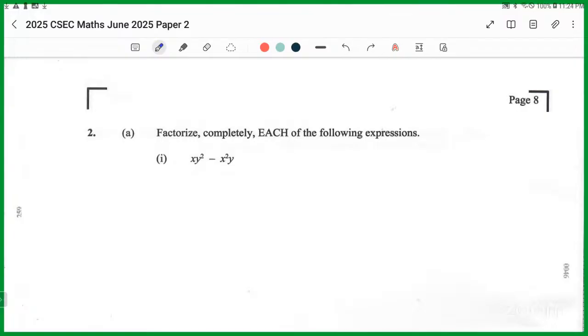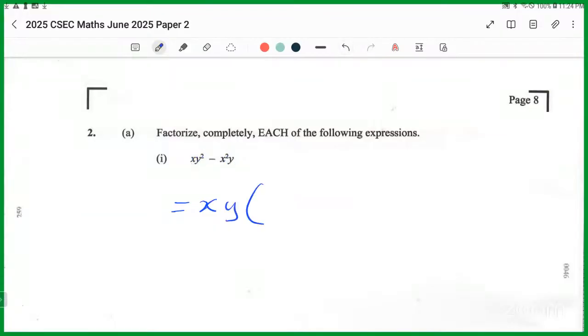So one person. Anyway, this now wants us to factorize completely this expression, right? So there's a common factor factorization. Here we're looking for a common factor in terms of the x, and the x squared common factor is x. For the y squared and the y, the common factor is y.